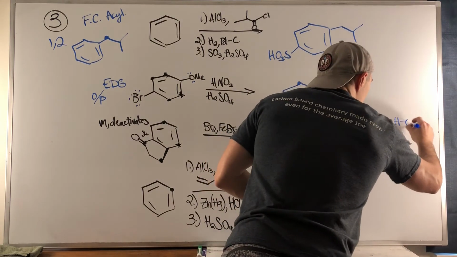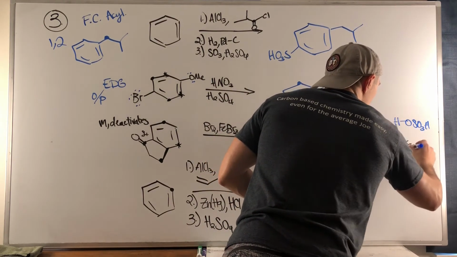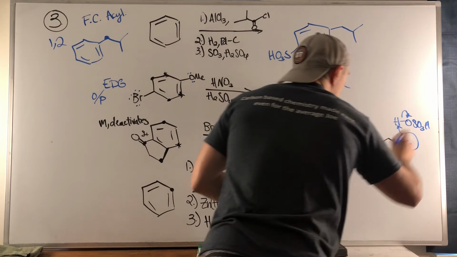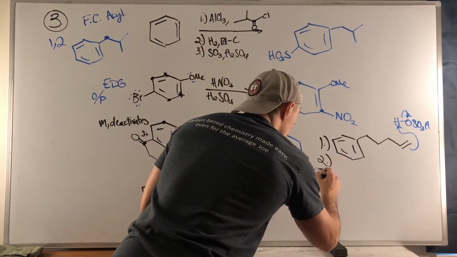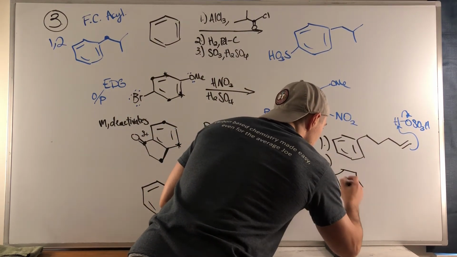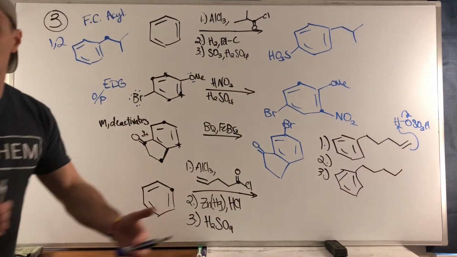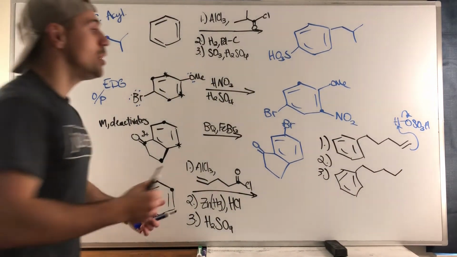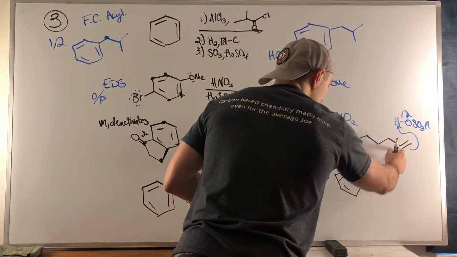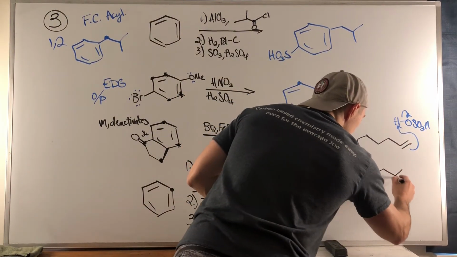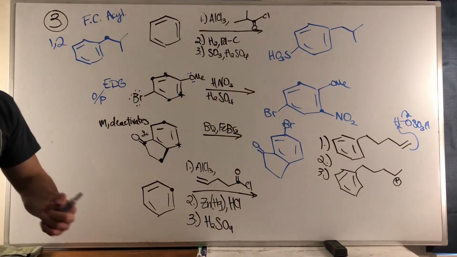We know this double bond will grab this H in a Markovnikov fashion, and I'll put 3. What's going to happen is we generate a carbocation. Now remember, what carbocation are we going to form? We have the opportunity to form primary or secondary. We're absolutely going to be forming this secondary carbocation, okay?